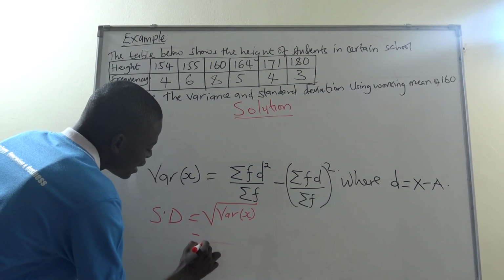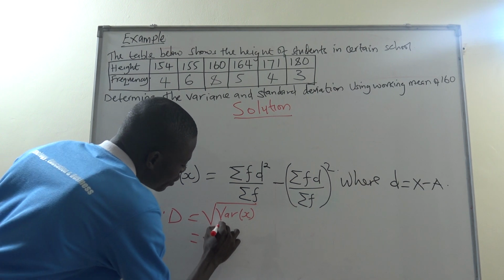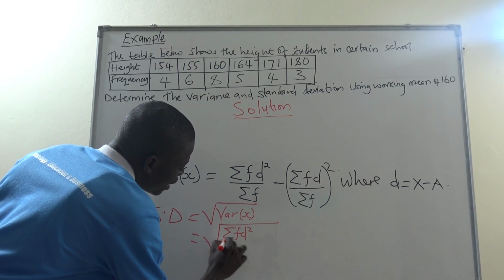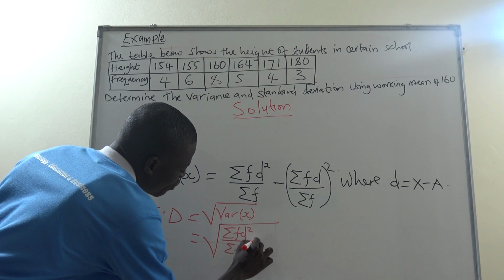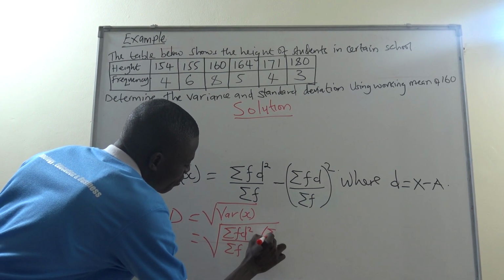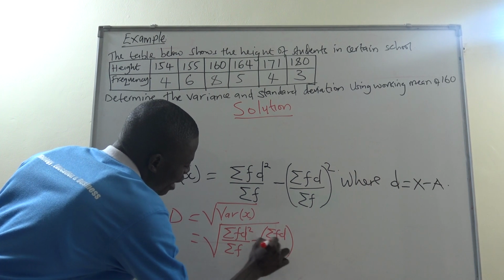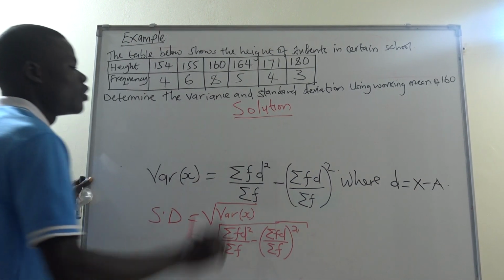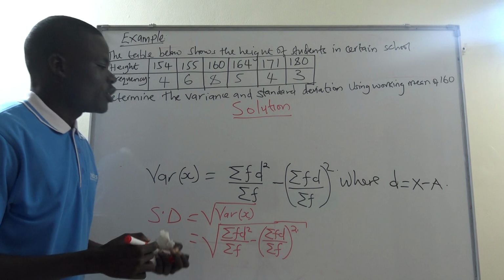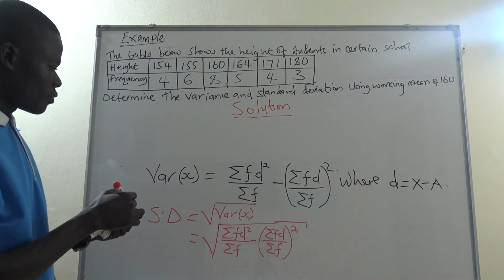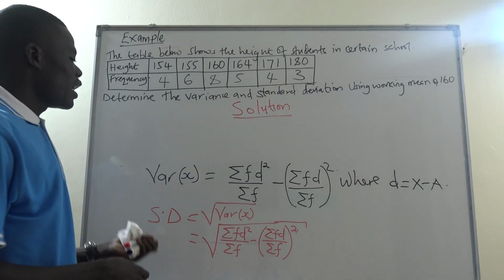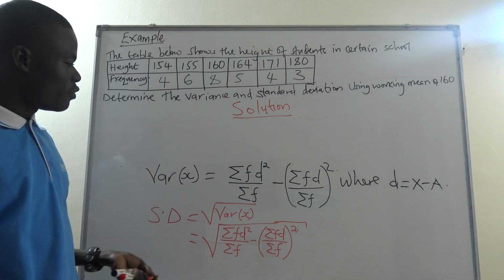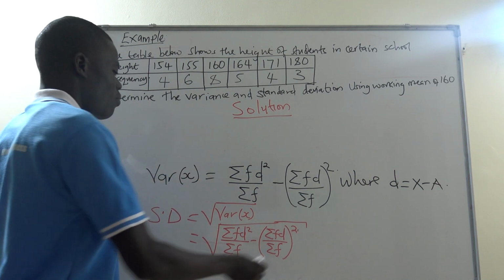So this means that our standard deviation will become the square root of summation of fd squared out of summation of f minus the square of summation of fd out of summation of f. So these are the two formulas which shall be used to calculate variance and standard deviation given working mean or assumed mean. So after seeing a little bit of this introduction, let us go to the working.